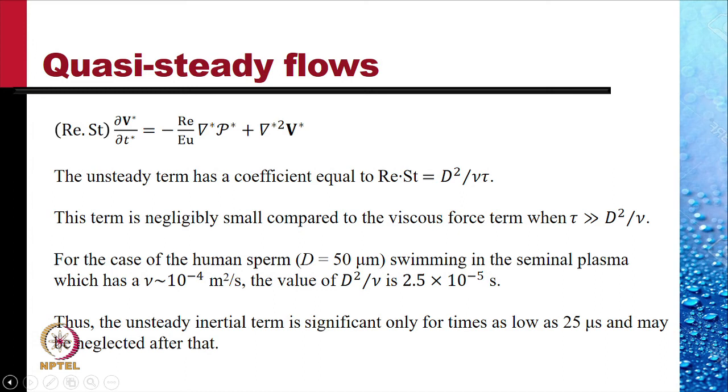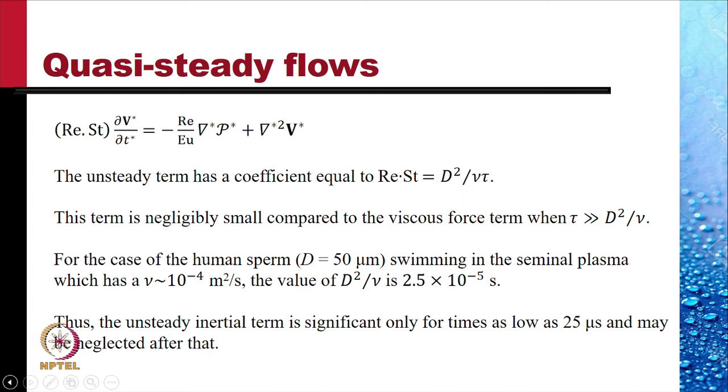The unsteady term here has a coefficient equal to Reynolds number times the Strouhal number, that is d square divided by nu tau, where nu is the kinematic viscosity of the fluid, which is mu divided by rho, dynamic viscosity divided by the density. This term is negligibly small compared to the viscous term when tau is much greater than d square by nu.